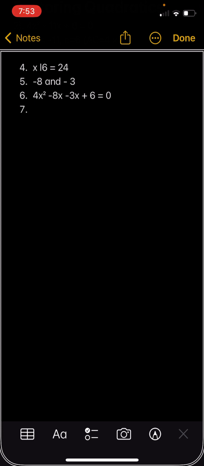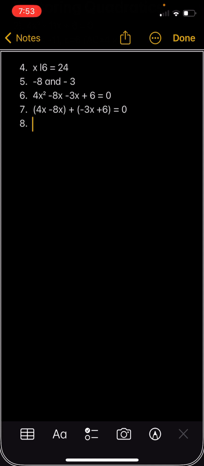We can go ahead and group those now into two binomials as follows. So we have our two brackets there. In the first bracket we have 4x squared and negative 8x, and in the second bracket we have negative 3x and plus 6. So we need to factorize those two brackets separately.